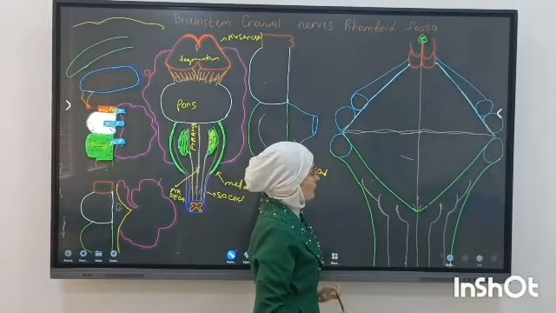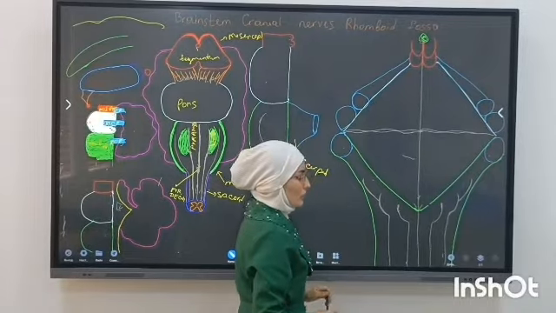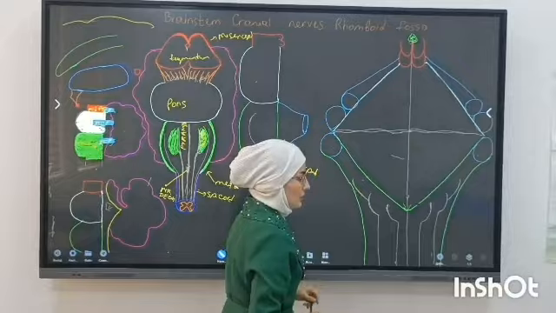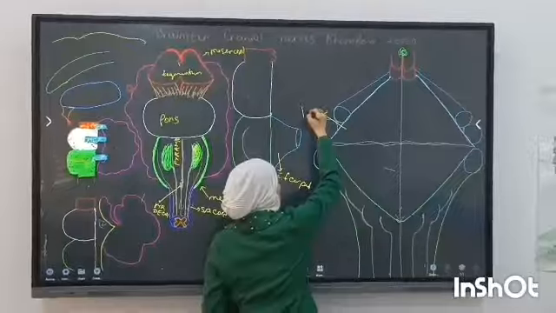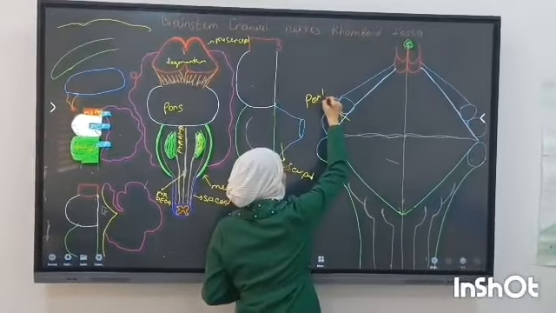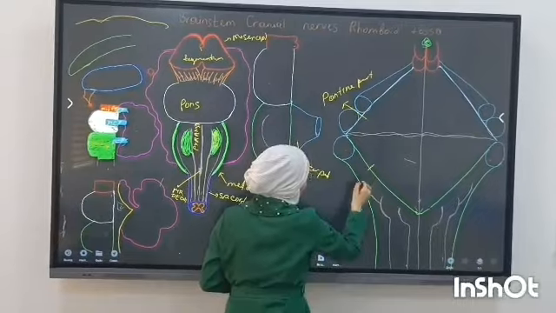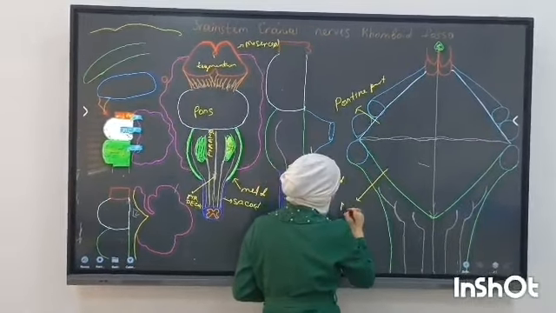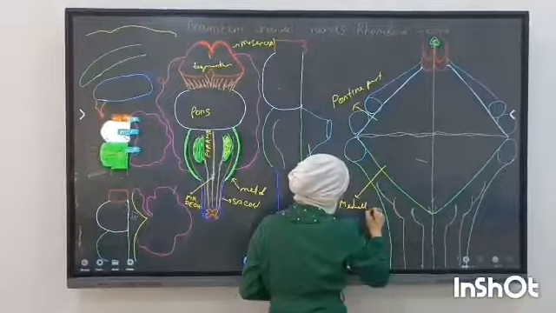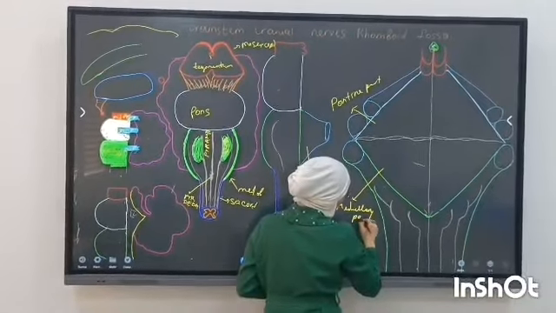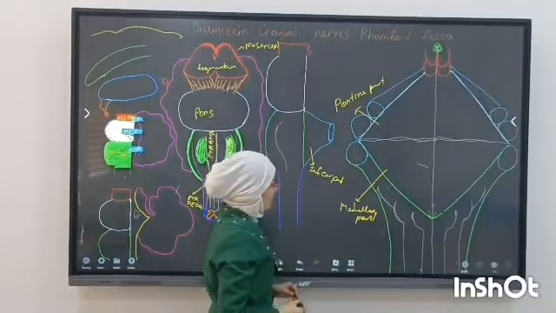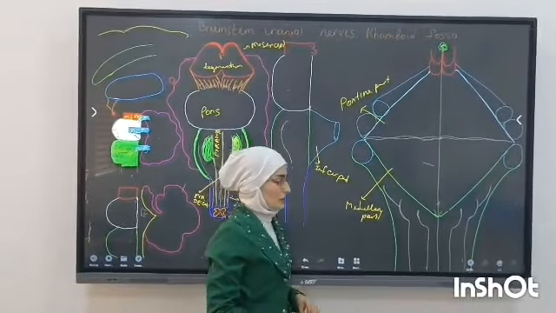The rhomboid fossa is considered the floor of the fourth ventricle. This part is named the pontine part, and this triangular part is the medullary part, which forms the dorsal surface of the medulla oblongata.